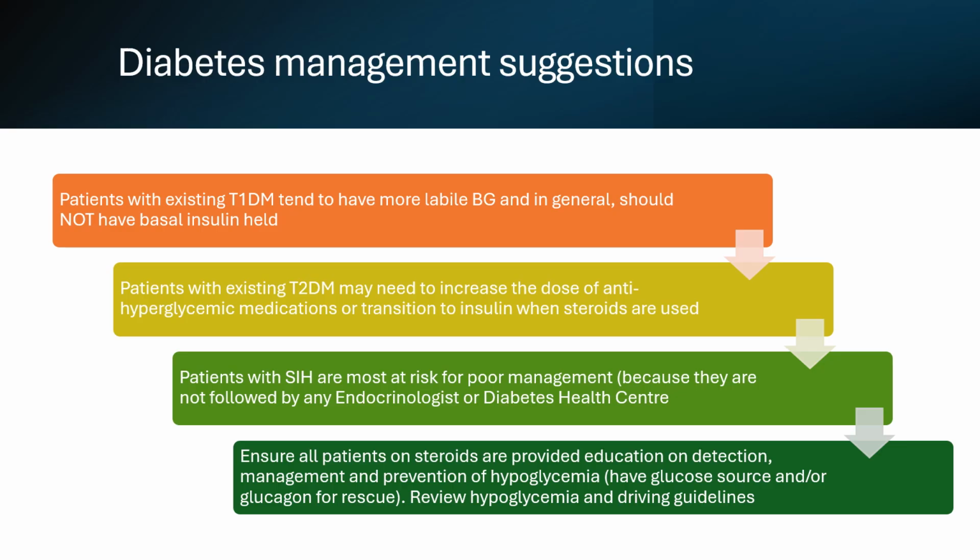Patients with existing type 2 diabetes may need to increase the dose of anti-hyperglycemic medications or transition to insulin when the steroids are used, and that's where we would have close follow-up to see if they've kind of kicked themselves over into needing the insulin. And I do have a bit of a threshold in my experience, which was 15 millimoles.